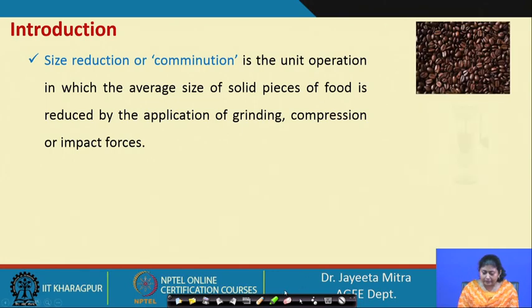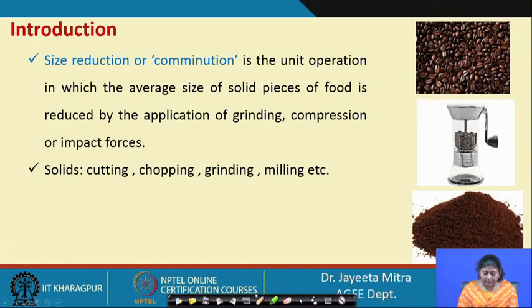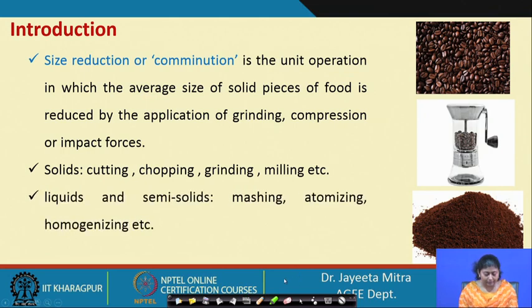There are different kinds of operation like cutting, chopping, grinding, milling, all used in certain kinds of size reduction. Similarly, for liquid and semi solid, we want to do atomizing or homogenizing applications, meshing, etc.